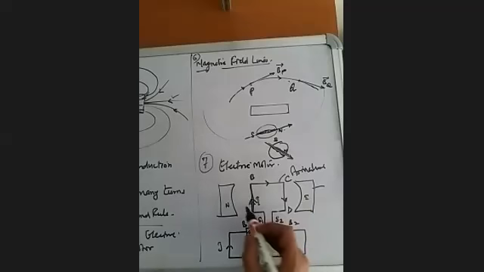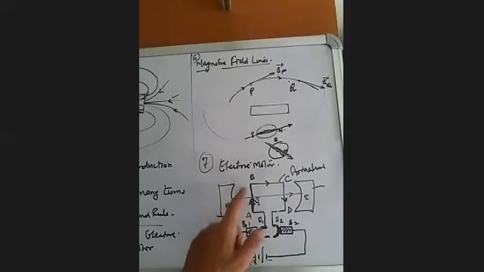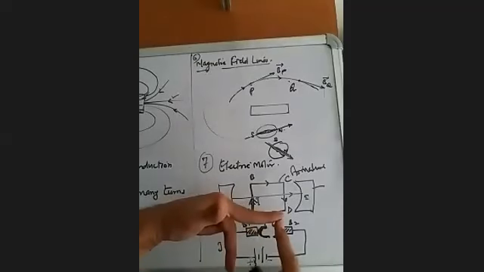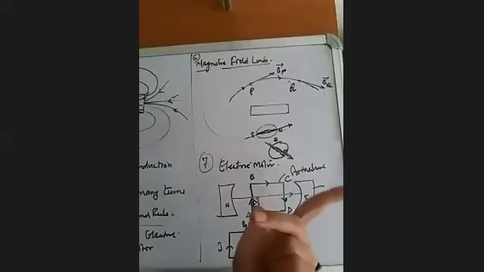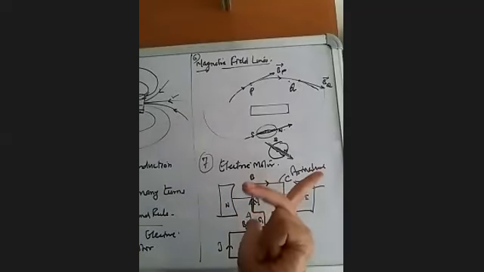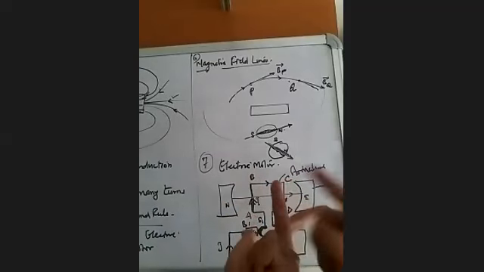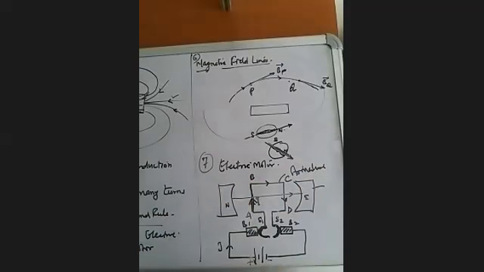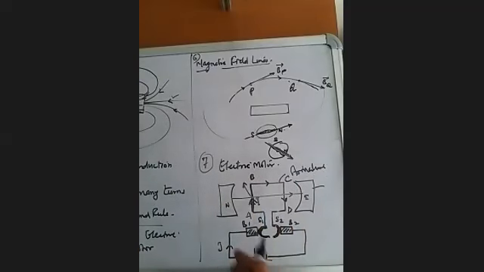So when this is carrying current, this is the direction of magnetic field. So you can find out the direction of force acting on this AB. So by Fleming's left hand rule, direction of magnetic field, direction of current, and the force will be downward. See? So this is the direction of magnetic field, this is the direction of current, and thumb is pointing downwards. So this will be going inside.